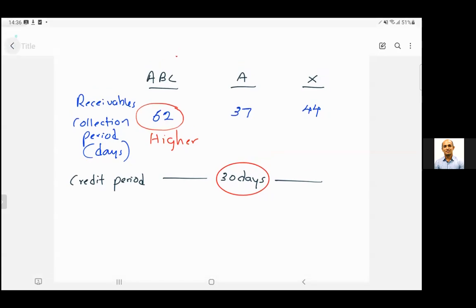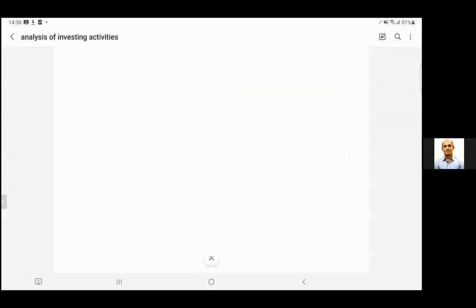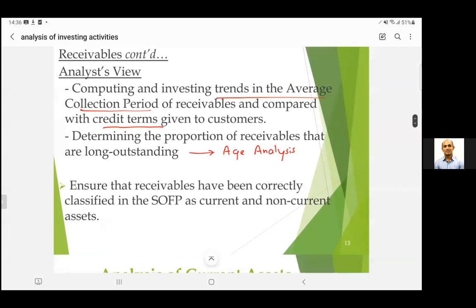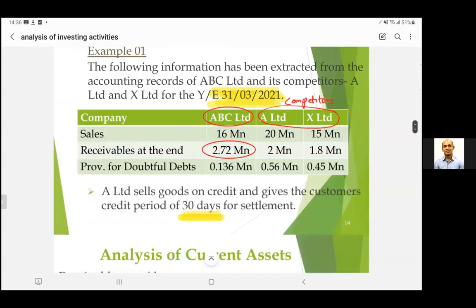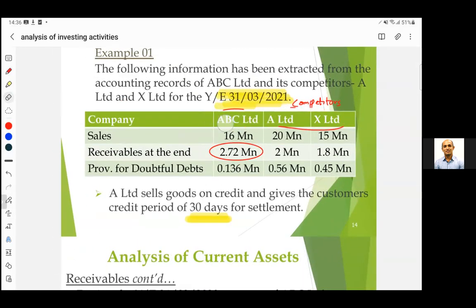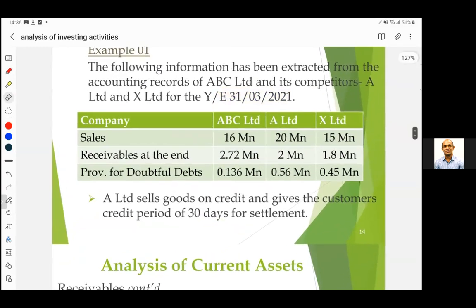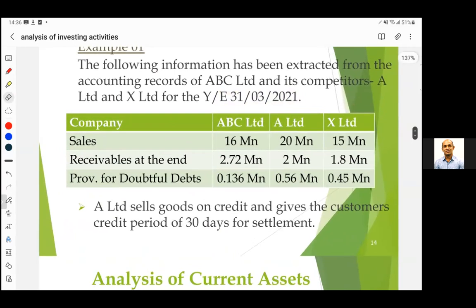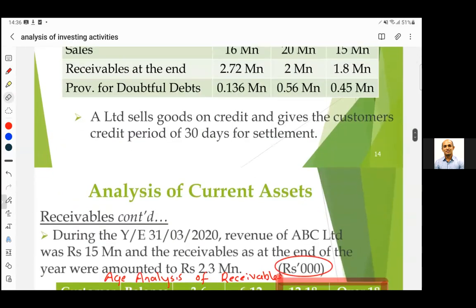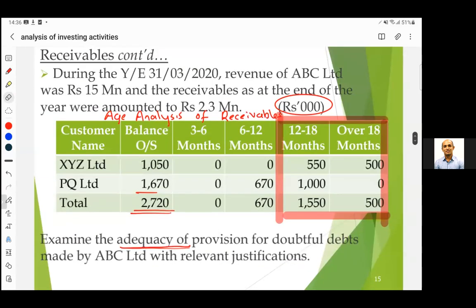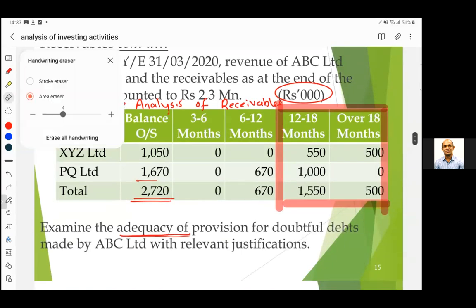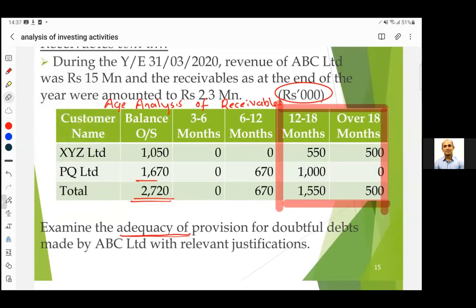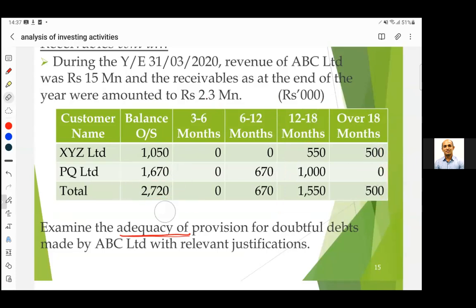In addition, you can see the age analysis. Now you see the age analysis.